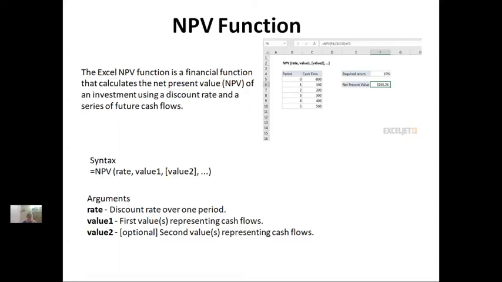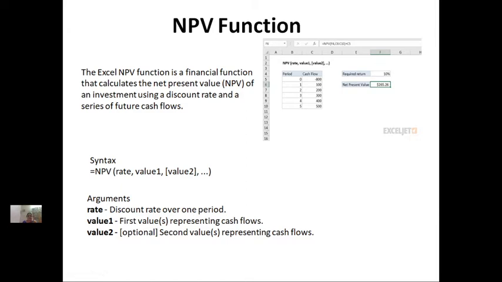Now let us go to the next slide, the NPV function. It is one of the financial functions of the Excel application. What is the Excel NPV function? It is a financial function that calculates the net present value of an investment using a discount rate and a series of future cash flows. The syntax of NPV is NPV, rate, value 1, value 2.